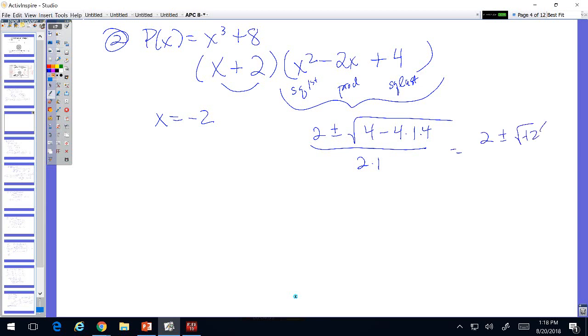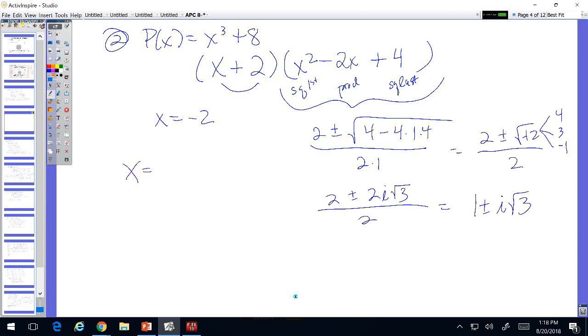Negative 12, excuse me. Negative 12 breaks down into 4 times 3 times negative 1. So this becomes 2 plus or minus, the square root of 4 is 2, the square root of negative 1 is i, root 3 stays under the radical, over 2. And 2 divides into everything, so I get 1 plus or minus i root 3 as my other two zeros.